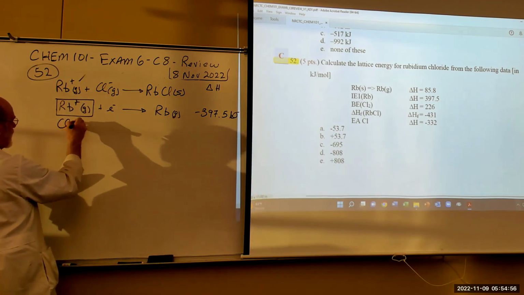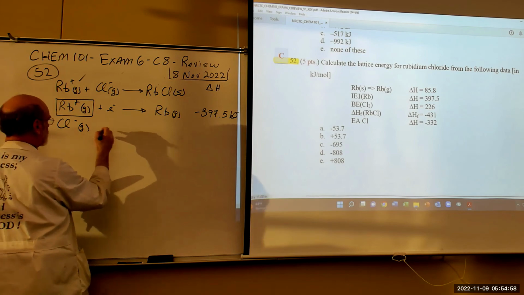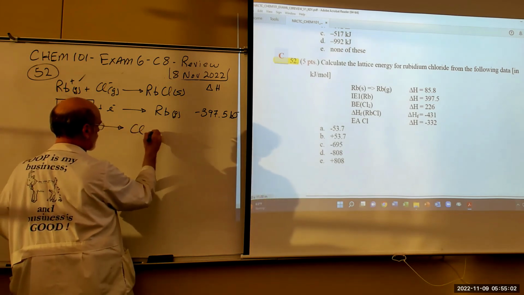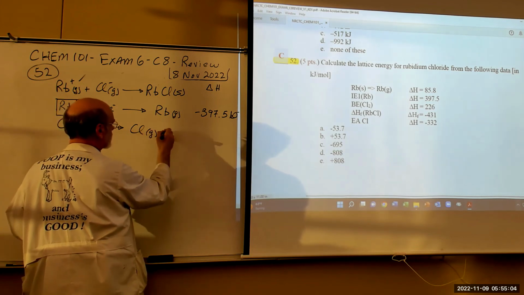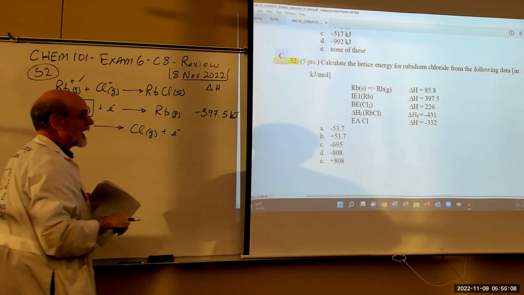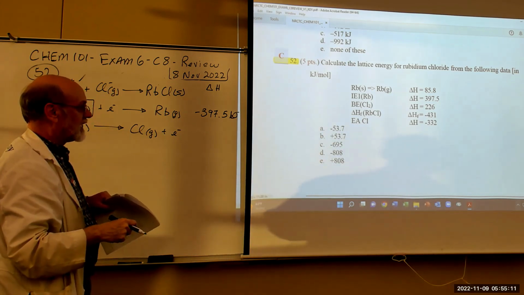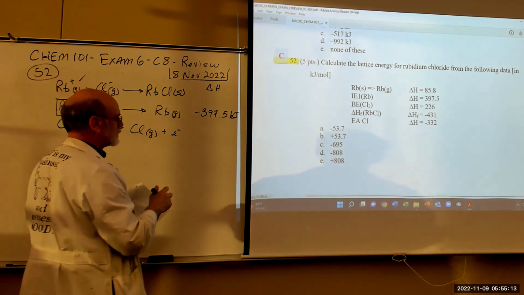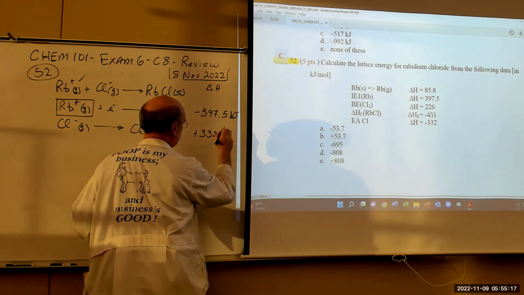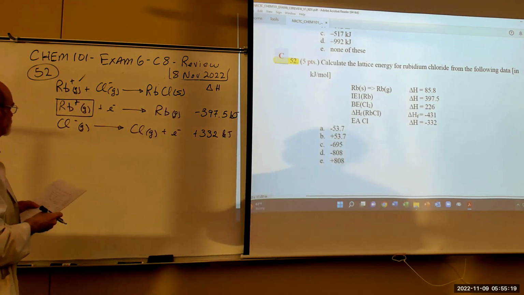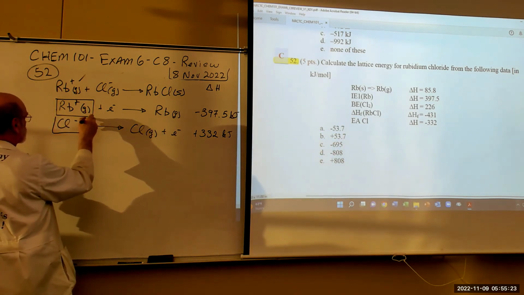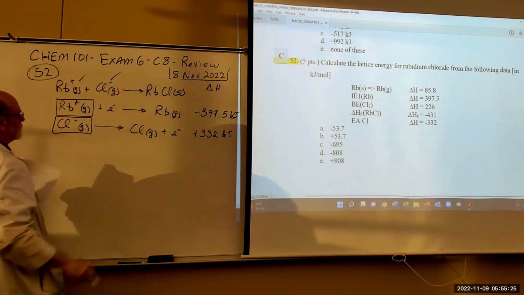That means the chloride ion as a gas yields chlorine gas plus the electron. And now we have to flip the value from minus 332 to plus 332. Okay. That takes care of this one. There.